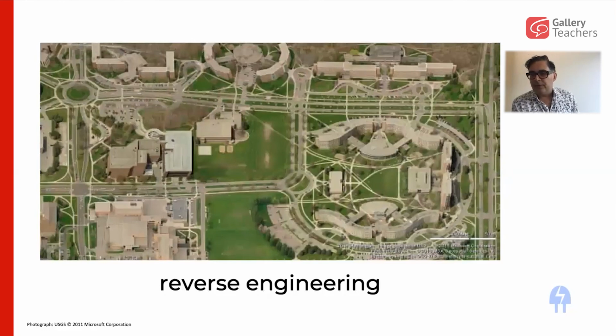This is a picture of Michigan State University taken from the air. What's interesting about Michigan State University, and you can find this in that Guardian article, which I've linked to in the notes, is that they chose not to put in pavements when they built the new campus. So they built the buildings, they made the space, but they waited for students to create their own paths.